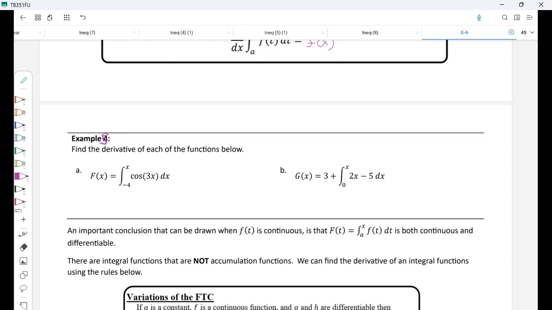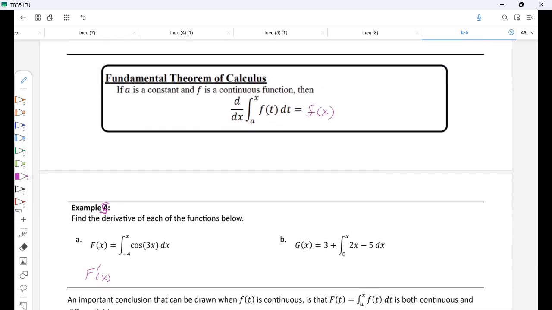So what is f prime of x according to the second fundamental theorem of calculus? Cosine 3x. Did I have to use any chain rule stuff there? No.